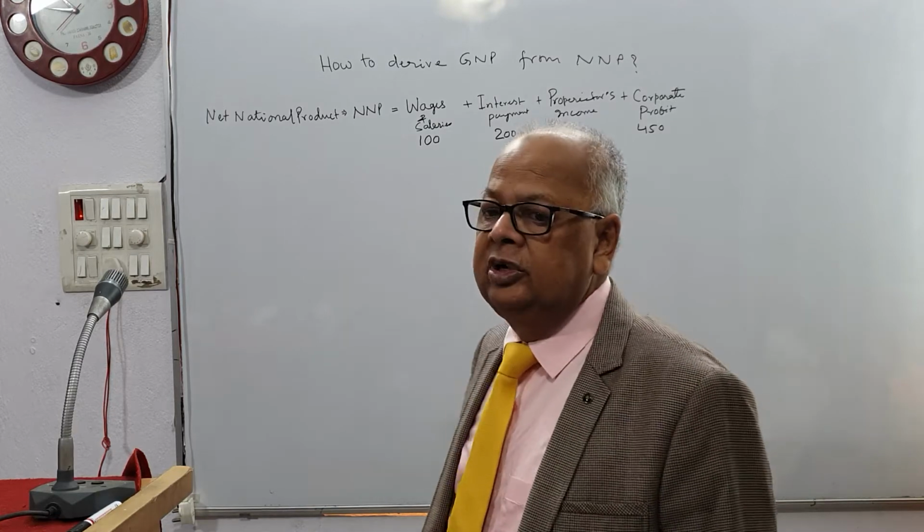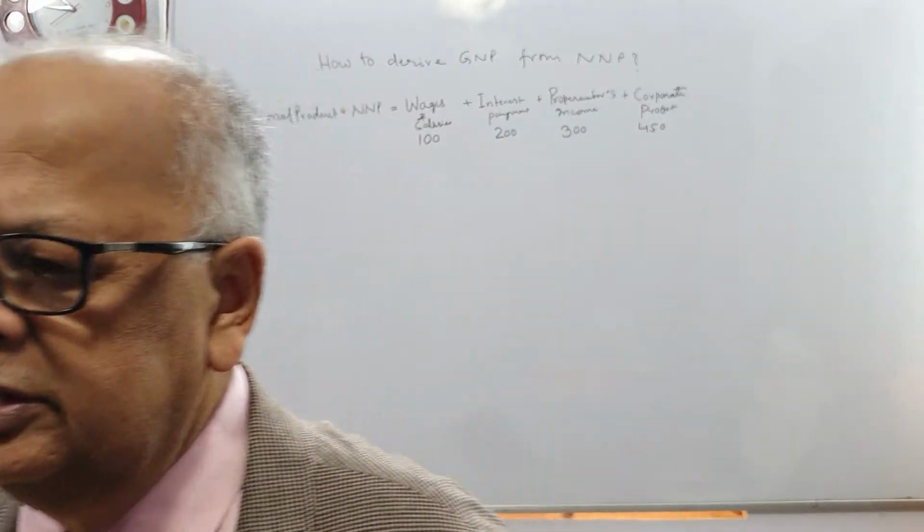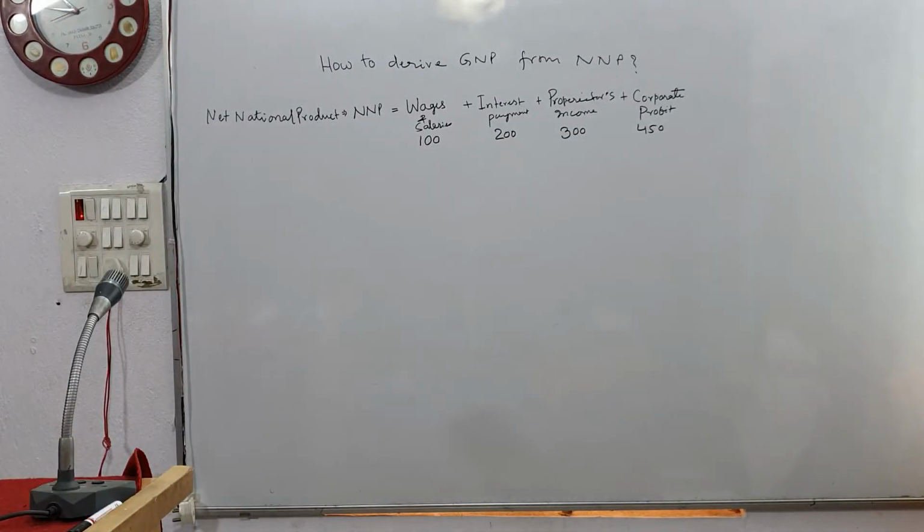Then how many units will be the net national product? Calculate yourself. 1,000? How much? 1,050.